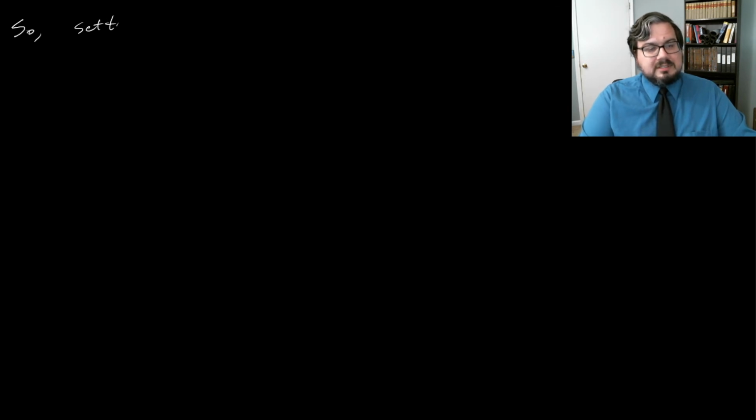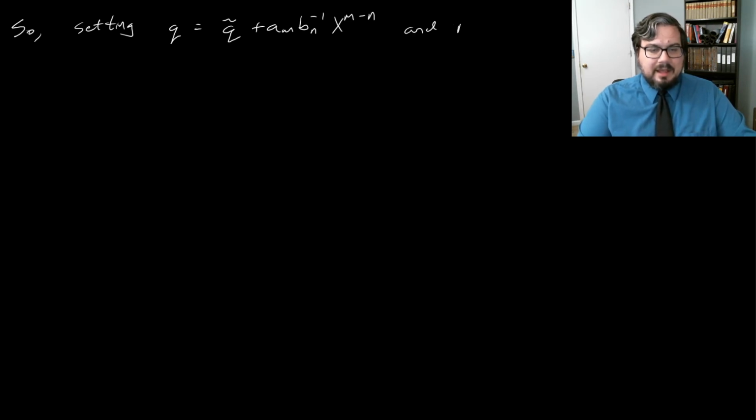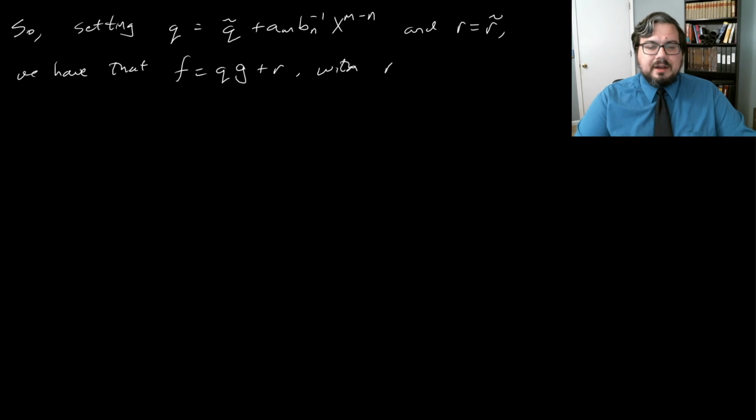So setting q equal to q tilde plus am bn inverse x to the m minus n and r equal to r tilde, we have that f is equal to qg plus r with r equals 0, or the degree of r is less than the degree of g.